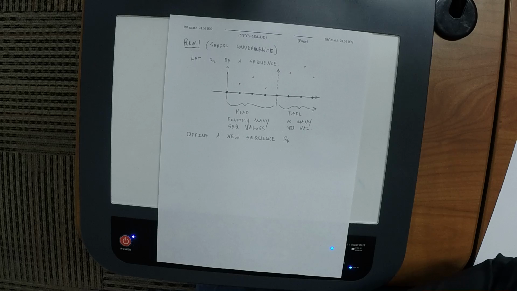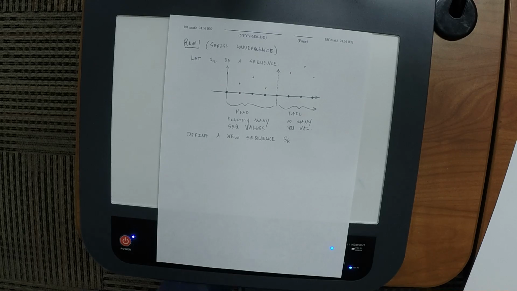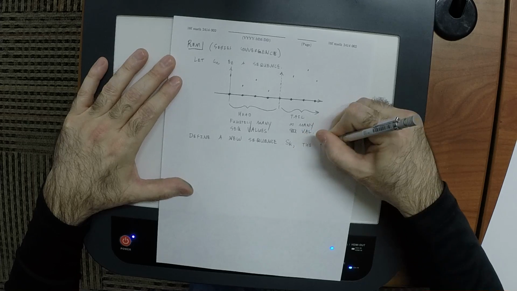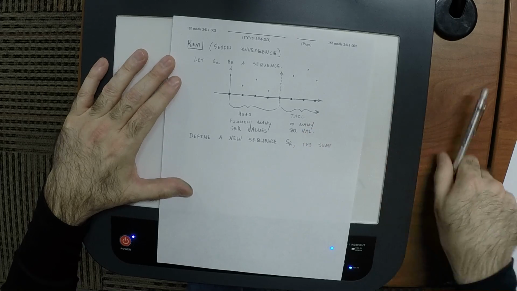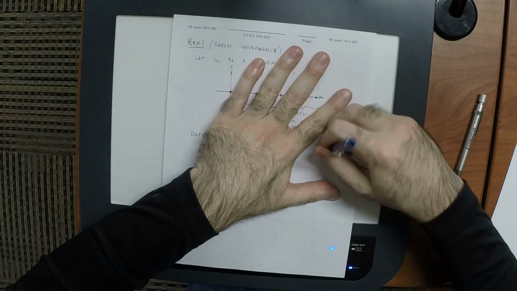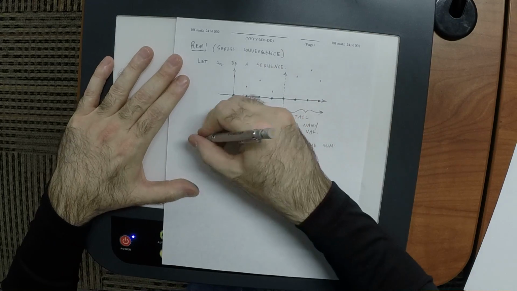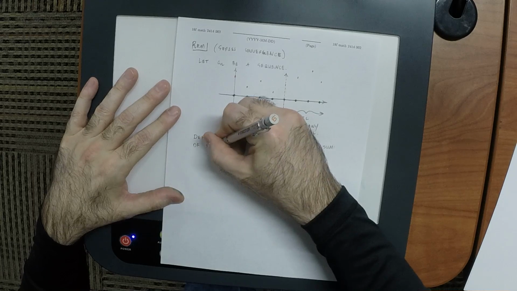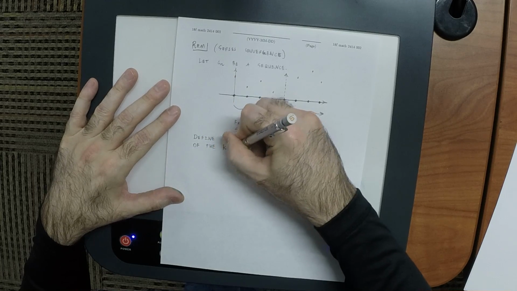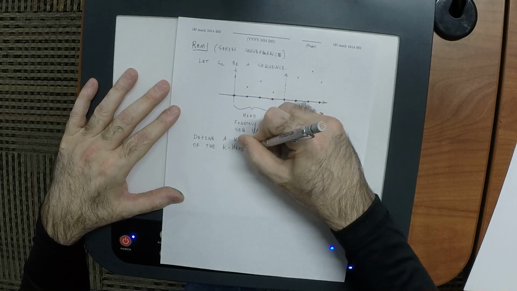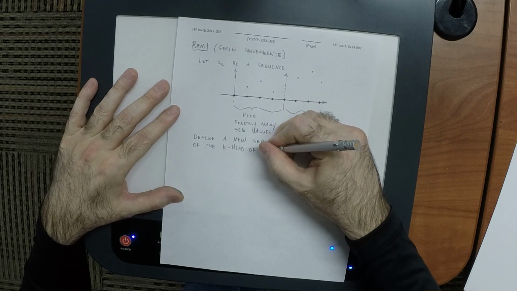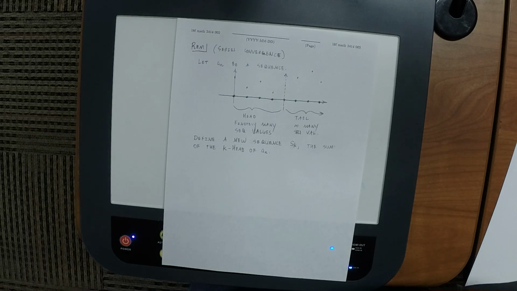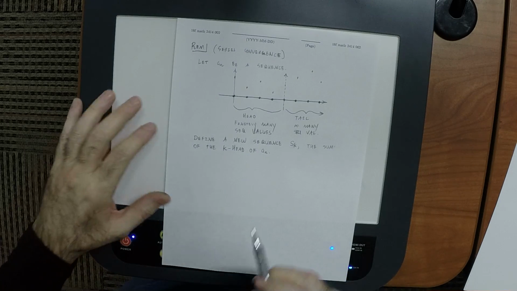Define a new sequence, SK, which is going to be the sum of the K head of A, N. So from this sequence, we're making a new sequence.